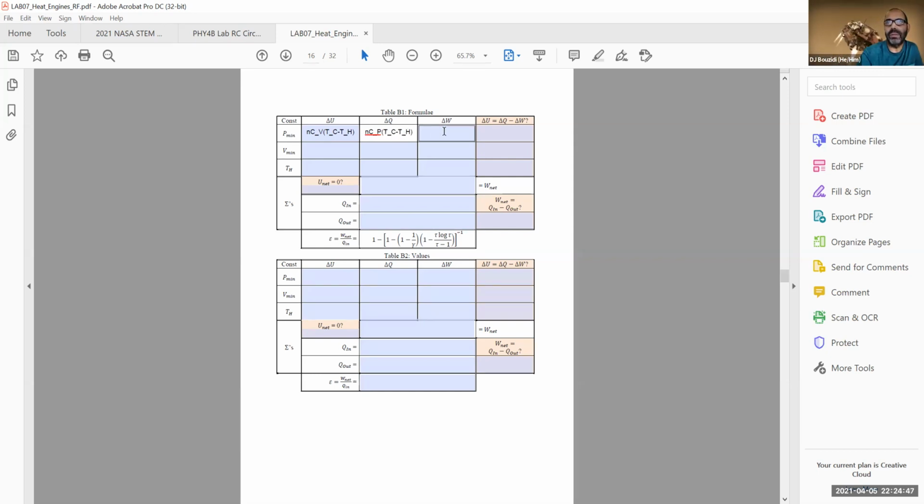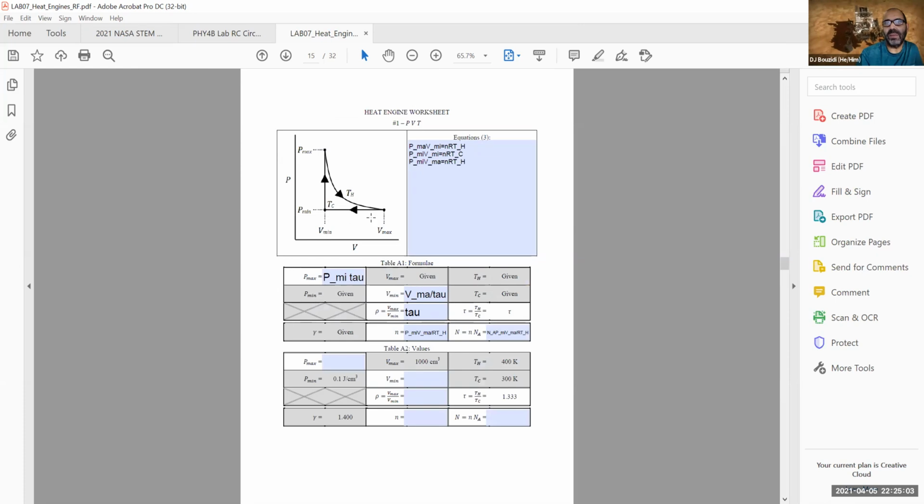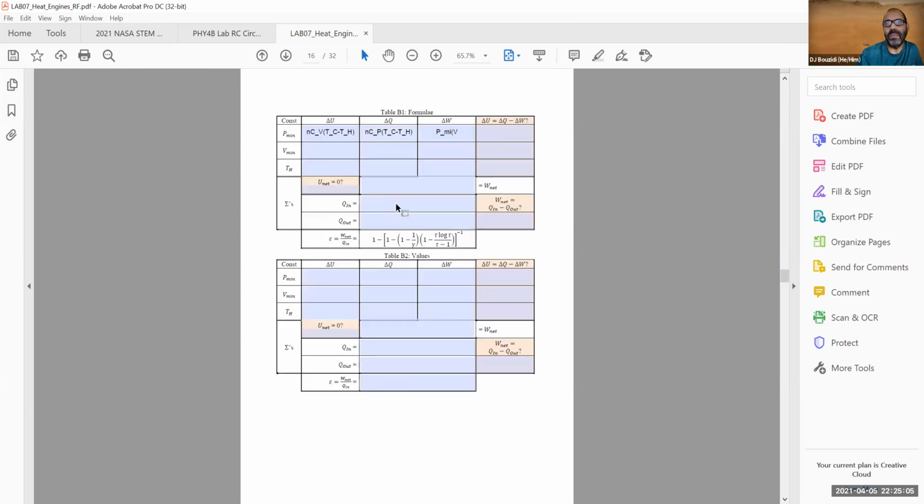Okay. This one is going to be P min. This is the pressure where this is happening. V, I have to go back into the table to see what. So this is Vmin minus Vmax.